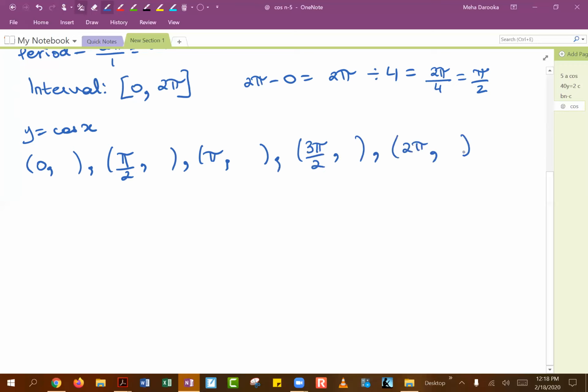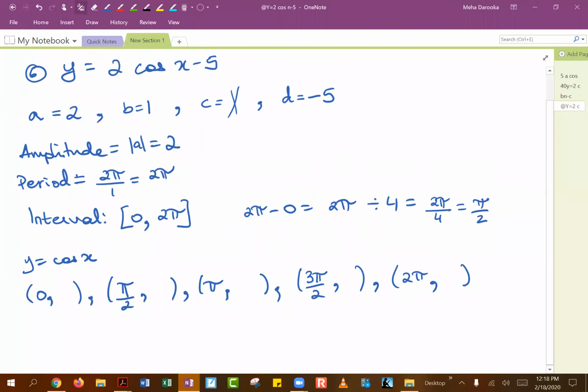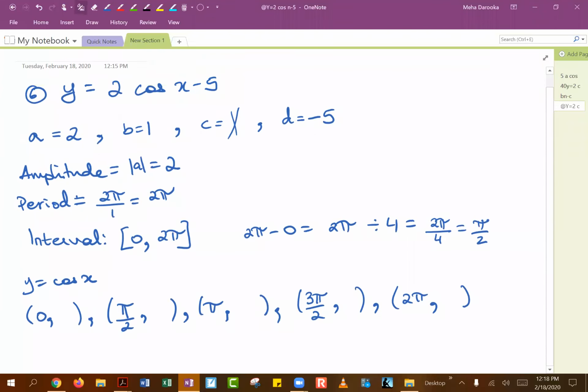And what would be your y coordinates for the cosine of x function? Because you're using the amplitude, right? And in this case, hold on a second.